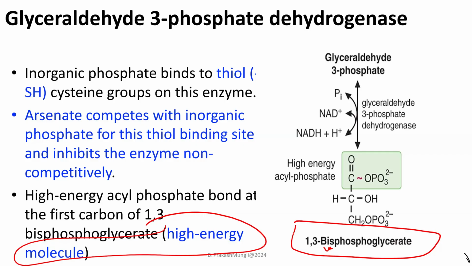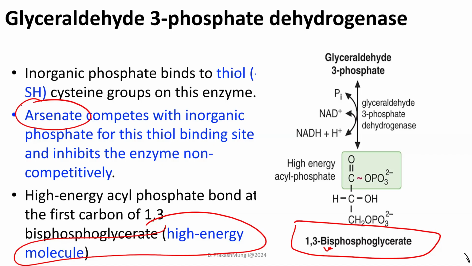And thereby it causes irreversible inhibition of the enzyme. And that's a non-competitive mechanism. So although it is written that arsenate competes with inorganic phosphate, don't get confused for a competitive mechanism just because of that word. You have got to be careful. Always remember, arsenate or any heavy metal ion, what kind of inhibition will they have on the enzyme?